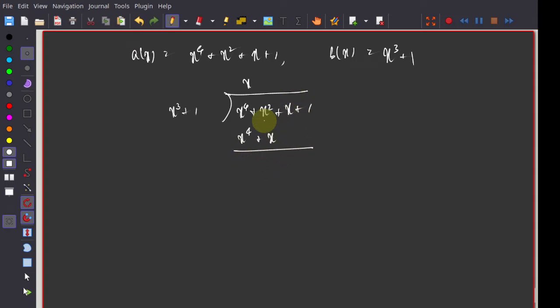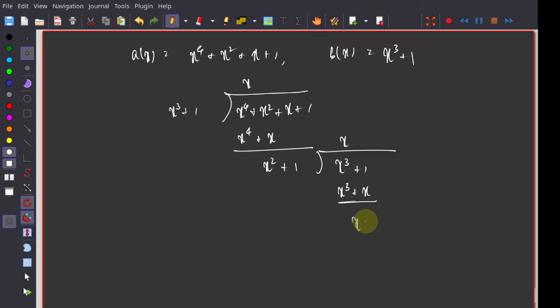What is the remainder from the first step? x square plus 1. Is the degree less than this? Yes. So I can't divide any further. I'll bring x cubed plus 1 here. x cubed plus x.